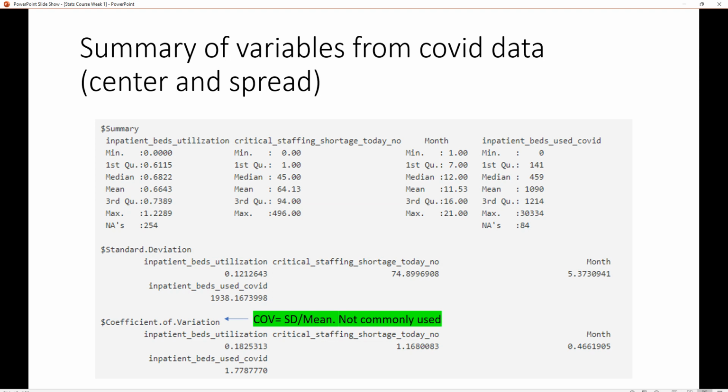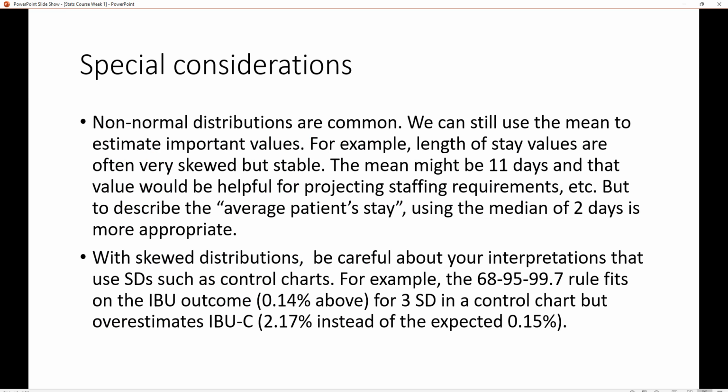Because of that, we gain more use out of the mean in skewed distributions. But when we talk about variability, specifically standard deviations, as it becomes more and more skewed, that becomes less and less reliable. And there are special considerations that we should note. The first is that non-normal distributions are common.